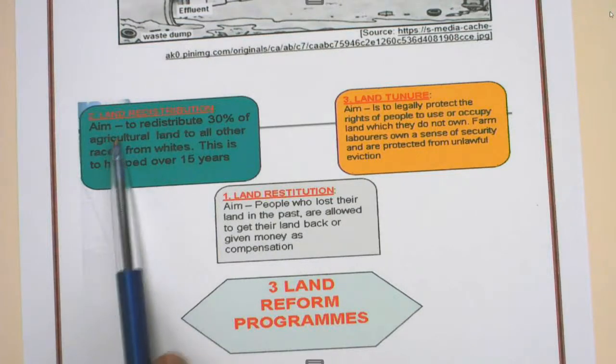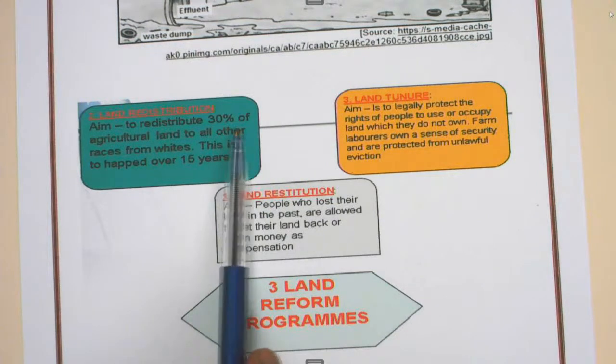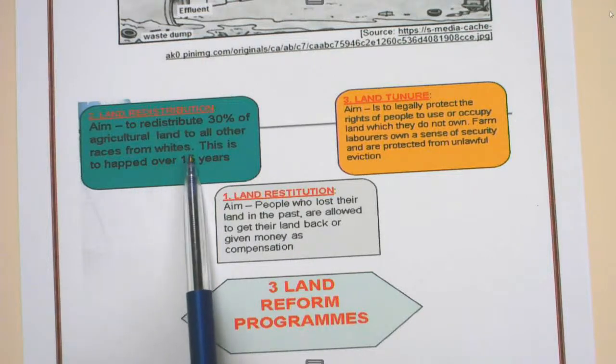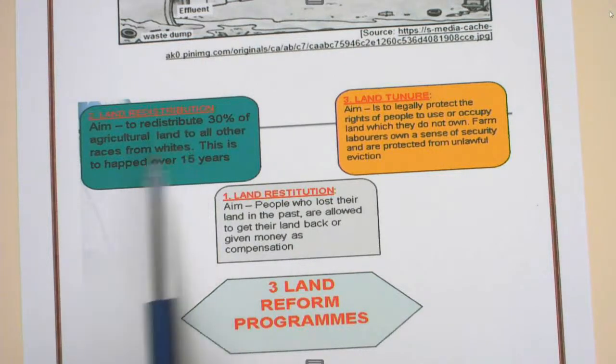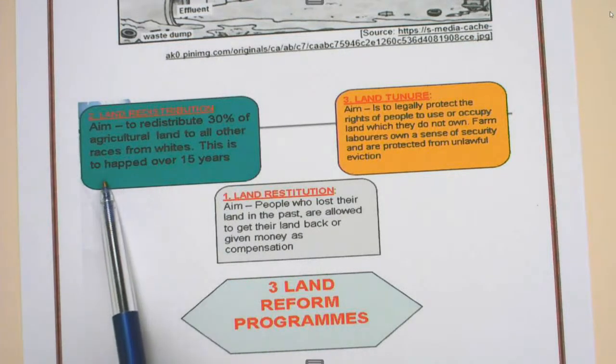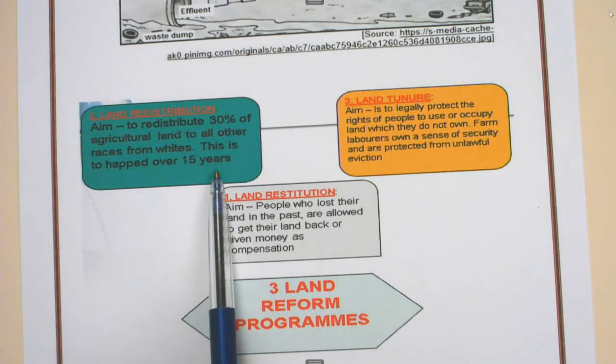Another program for land is land redistribution. The aim of land redistribution is to transfer 30% of the agricultural land from whites to all other races. So those who were landless initially are given a piece of land. This has to happen over a 15-year period.